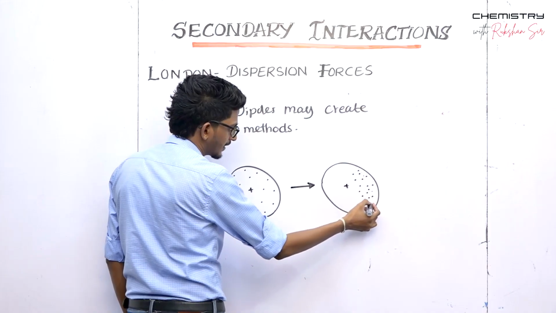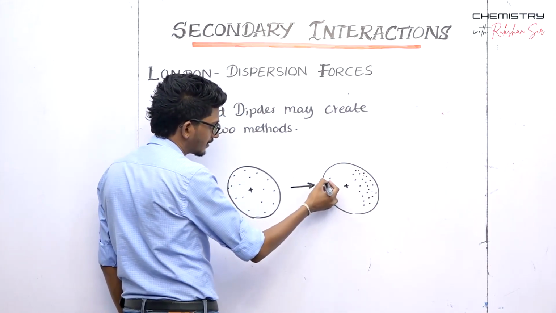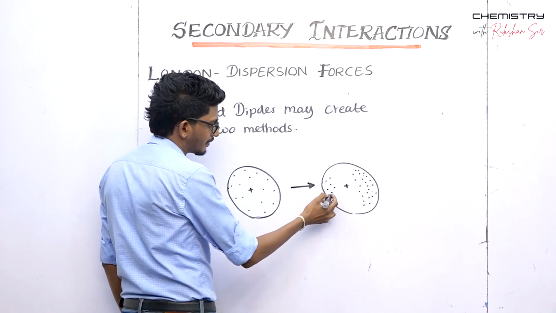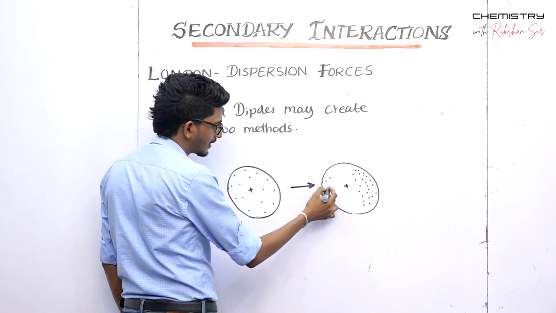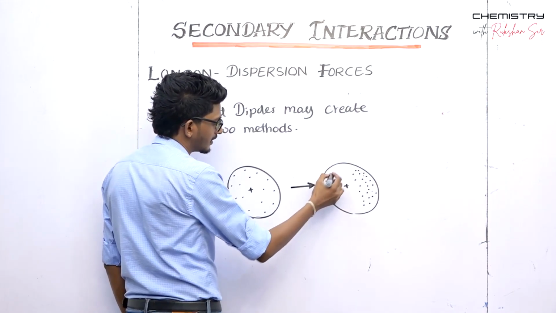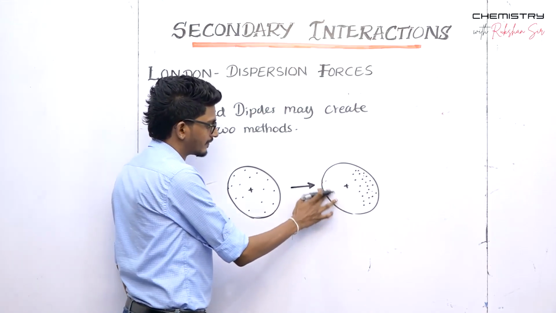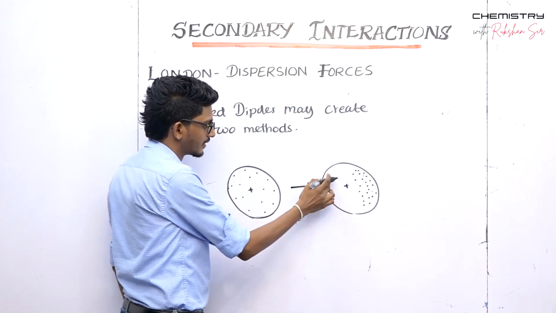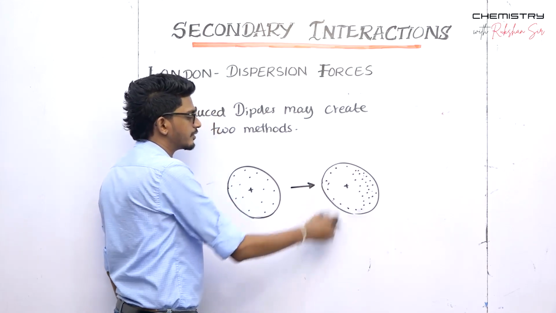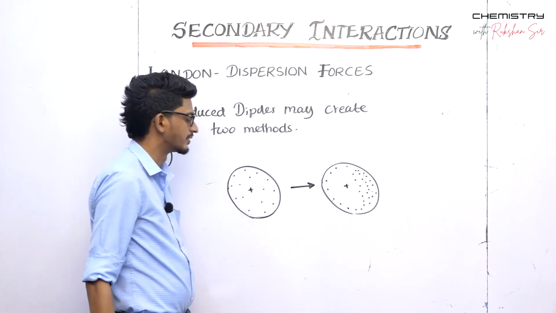Electrons are not still, they are moving. So there could be an instance where you have some great electron density at one side and lesser electron density at the other side. That kind of instance could happen.